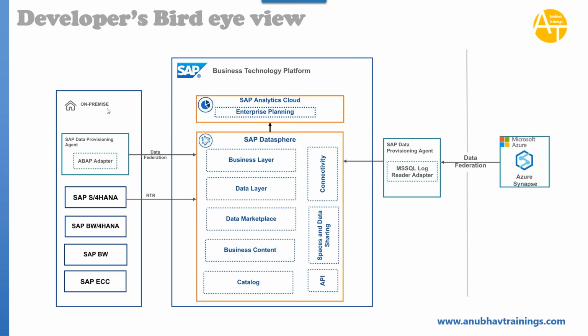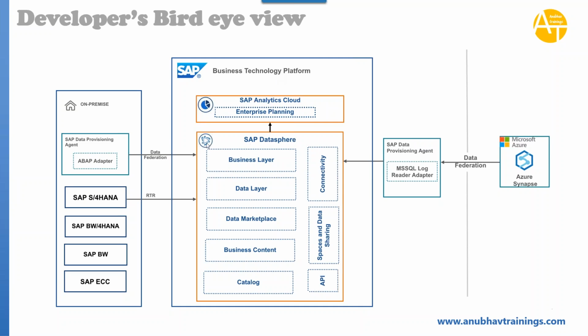So first of all, you have on-premise sources like S4HANA, BW for HANA, SAP BW, and ECC systems. And then you can use additional data adapters to provision your data to Datasphere. You can see Datasphere is offered on top of SAP BTP. So BTP is the platform, the underlying infrastructure. On top of it, Datasphere is offered. In fact, Analytics Cloud is also offered on top of the BTP platform.